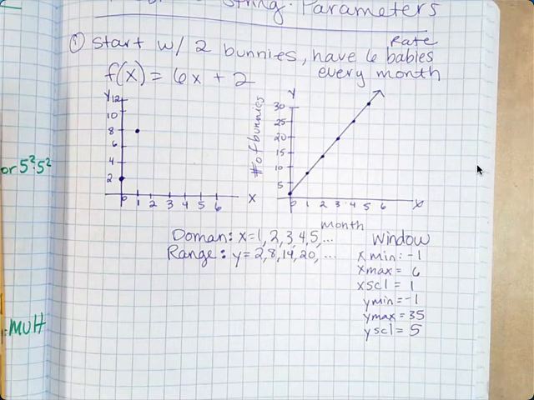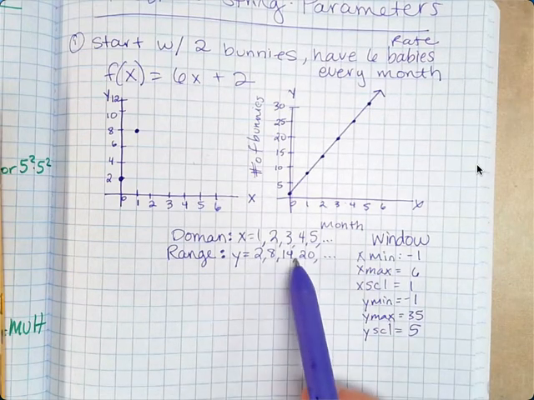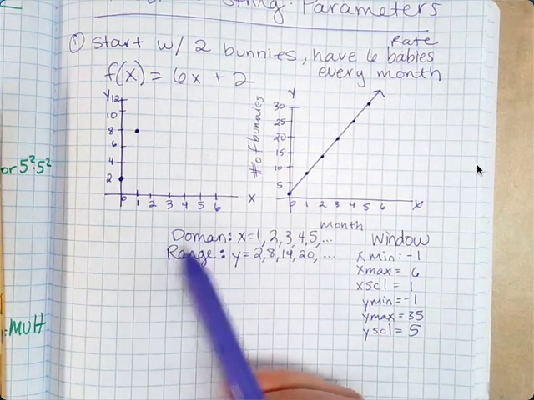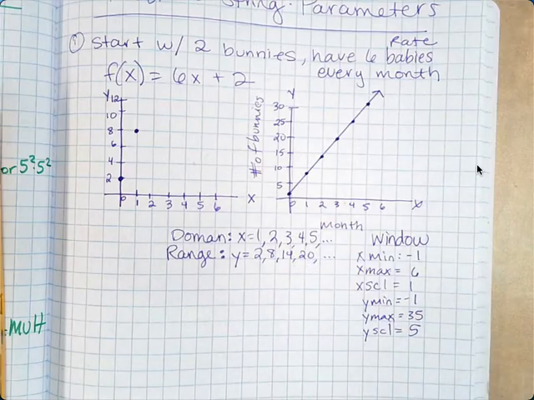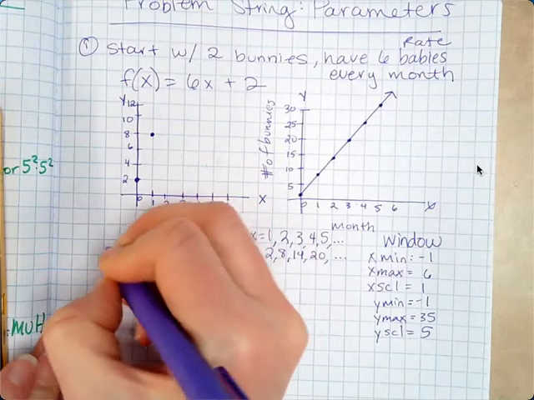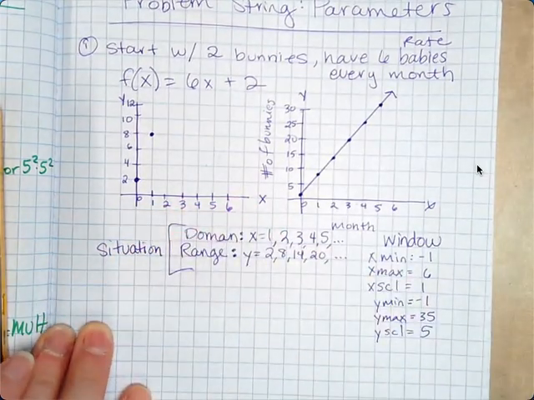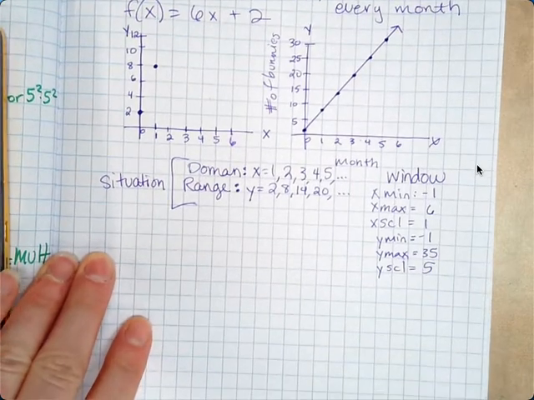Man, this was a long time ago. But this is considered a discrete situation because you can't count parts of a bunny, or we're not counting parts of the month. So this is all for the situation. The domain and range for the situation.